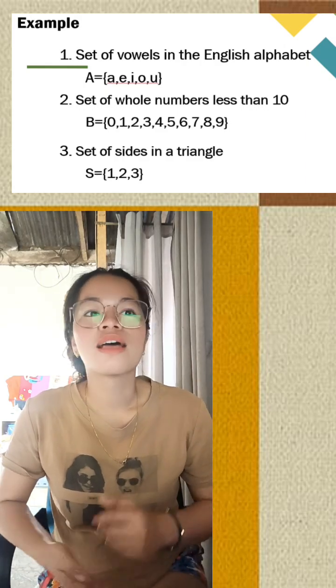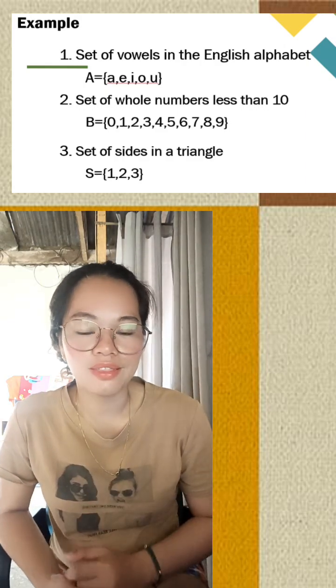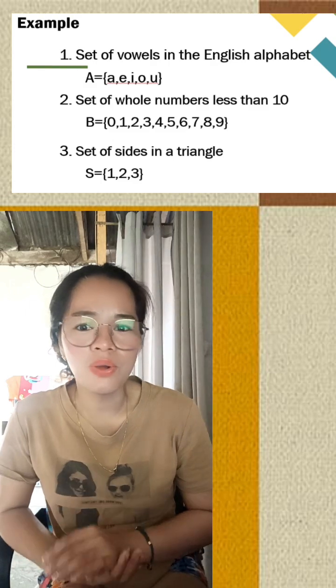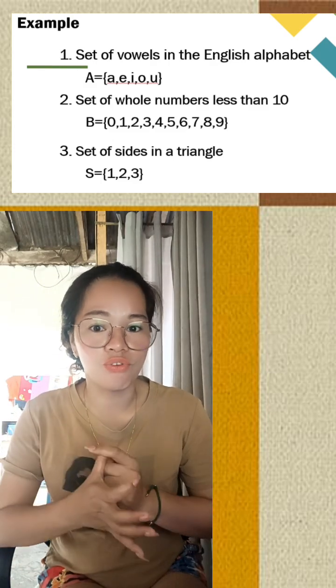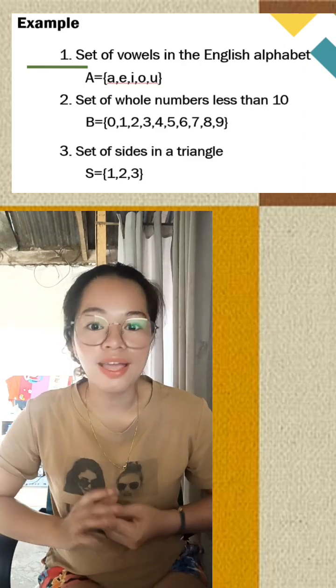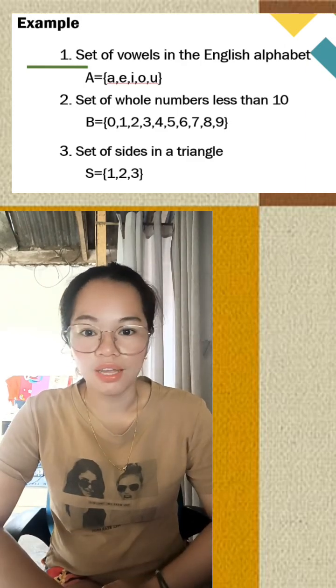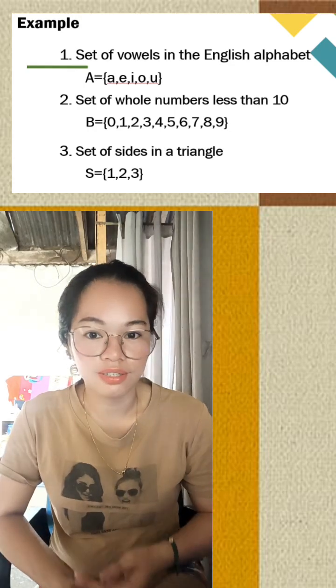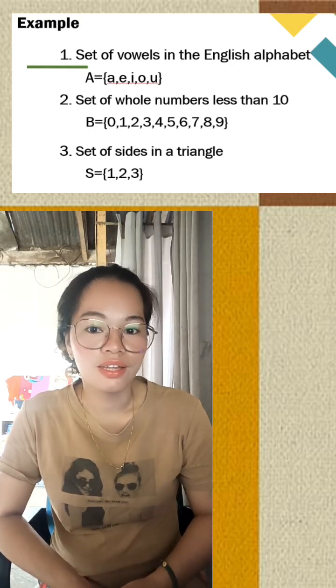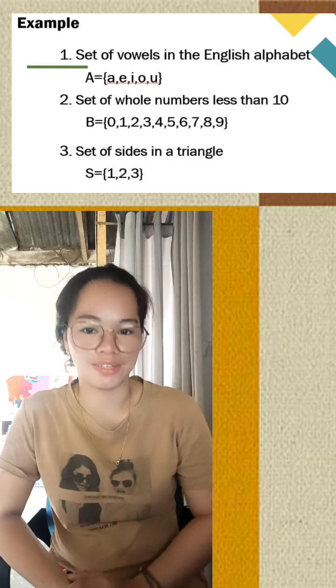So how many elements are there? 0, 1, 2, 3, 4, 5, 6, 7, 8, 9. So there are 10 elements, right? With that, we can just count the elements of that set. So that's a finite set.